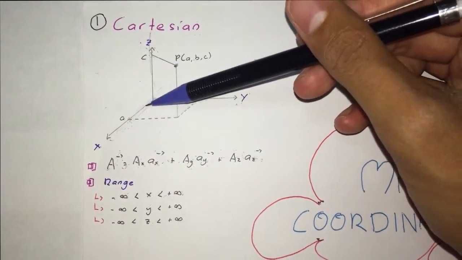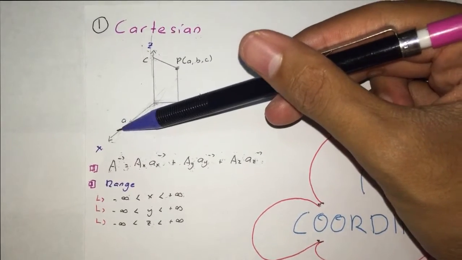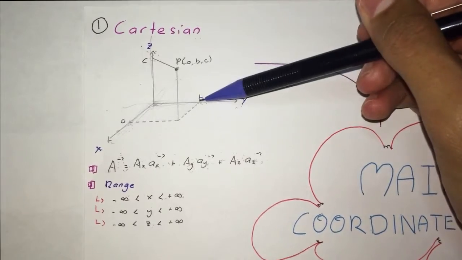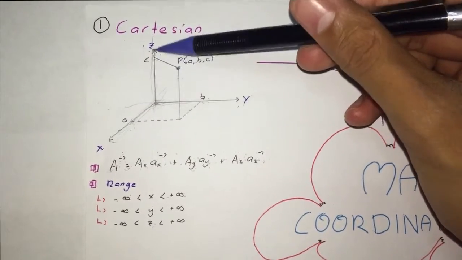For X, negative infinity to positive infinity. For Y, negative infinity to positive infinity. And for Z, negative infinity to positive infinity.